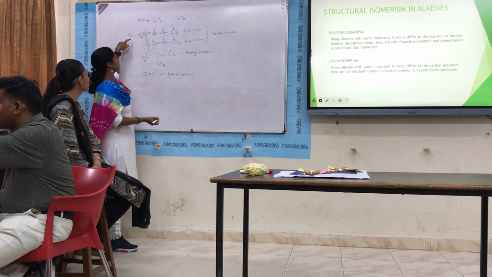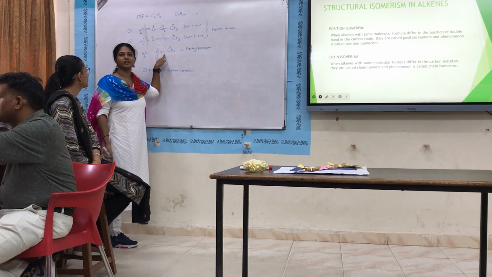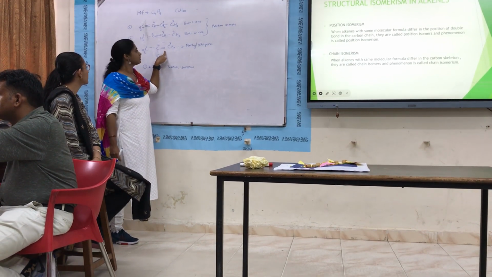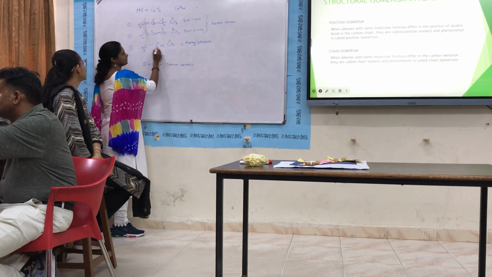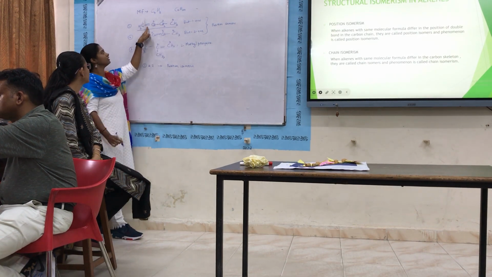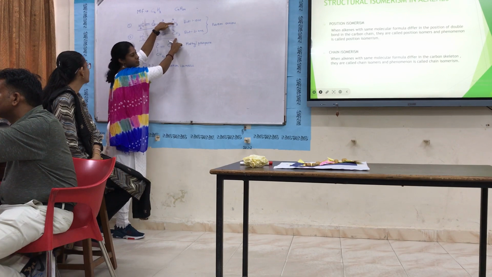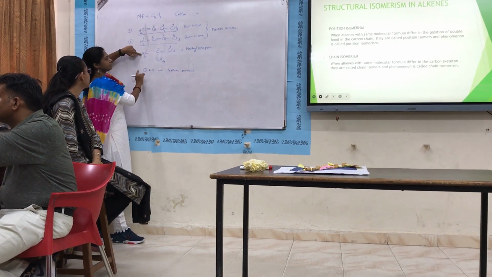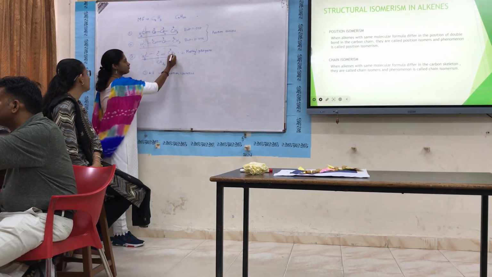Now let us consider 1 and 3. Are they position isomers? No. They both differ in the position of the double bond in the same carbon chain, but when we consider the third compound, the parent chain is different.